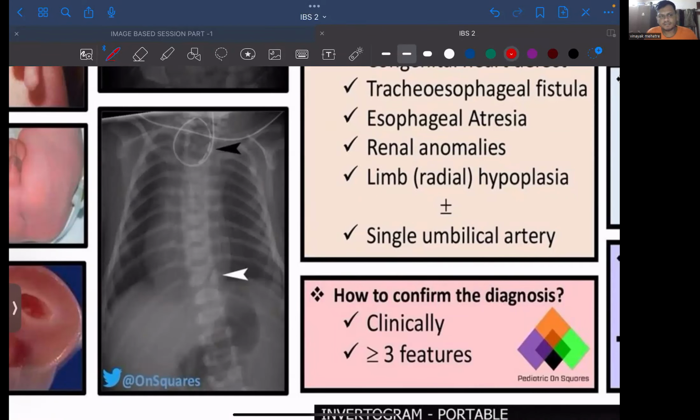This is a recent question, and even though I have taught it, people got it wrong. That is not an endotracheal tube, that is a Ryle's tube. Most of the time we look at the X-ray but forget the tubings or wiring seen on it. Ryle's tube normally goes like this. But what has happened over here?